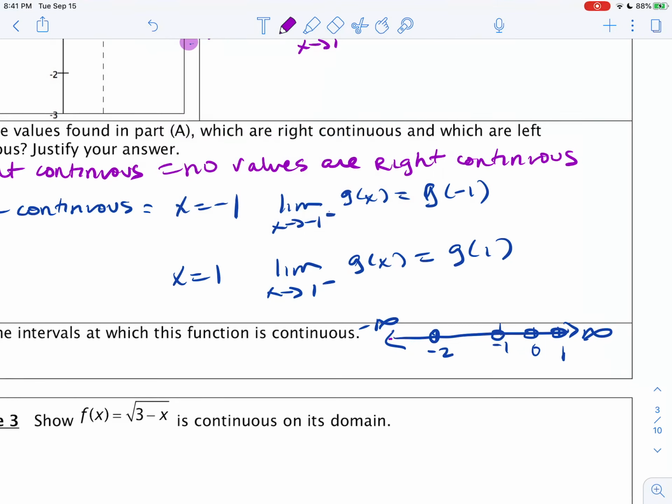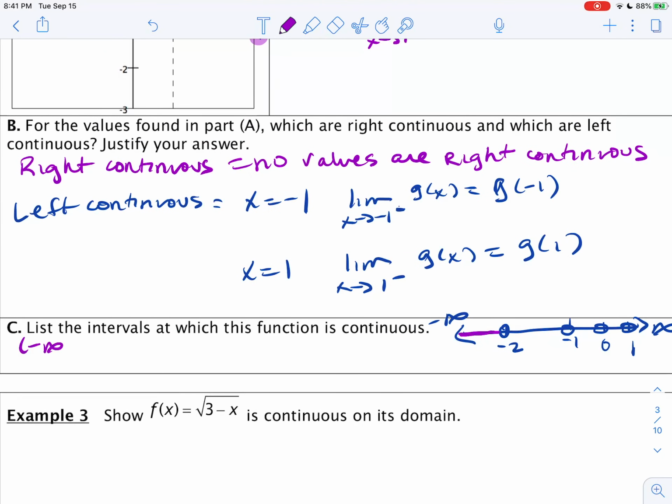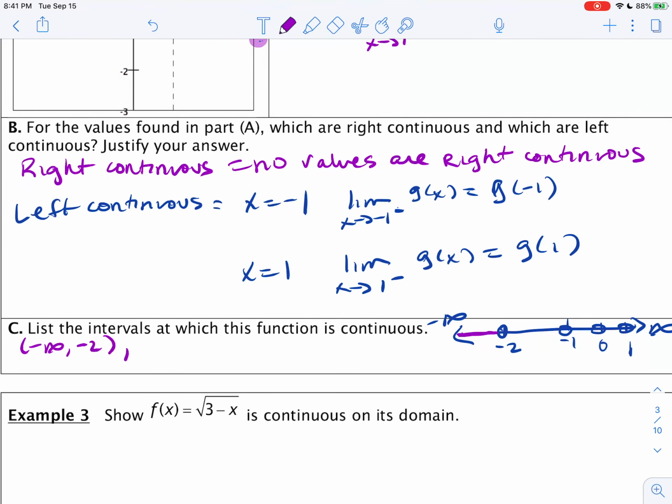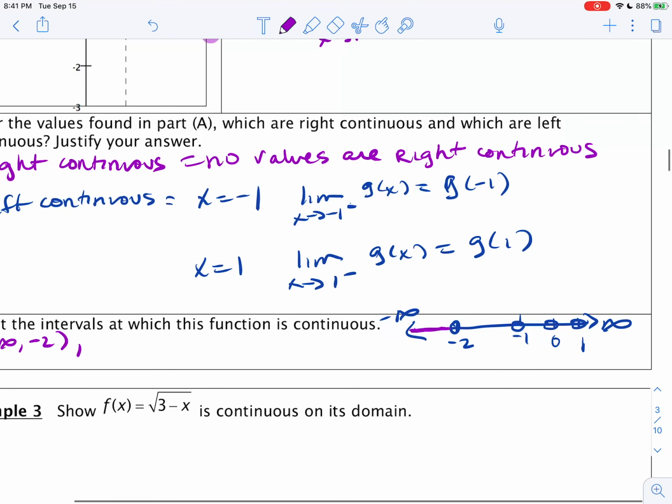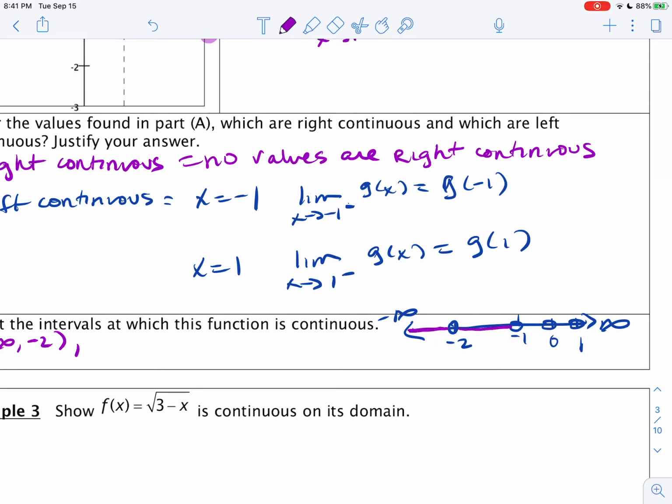So what is the interval from minus infinity to -2? We're going to go from minus infinity, open, a rounded interval. We want to go from -2 to -1. And we want to go from -1 to 0.